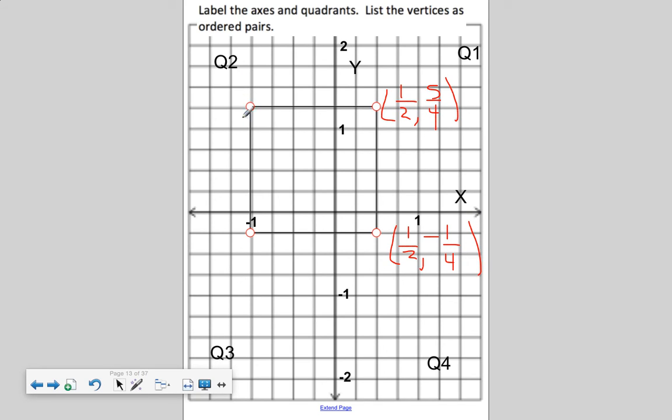Let's look at these vertices. So here's 0. Negative 1/4, negative 2/4, negative 3/4. Oh, negative 1. So I went over negative 1 on the x-axis. What about the y-axis? So here I go down a fourth. Down, that's negative 1/4. So it's negative 1 comma negative 1/4.